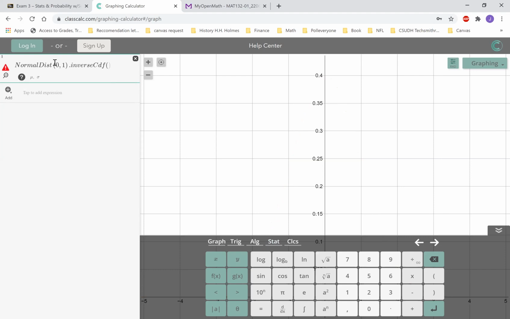To get the inverse CDF, you go to distribution and then you enter 0.6. And it gives us an answer of 0.2533.